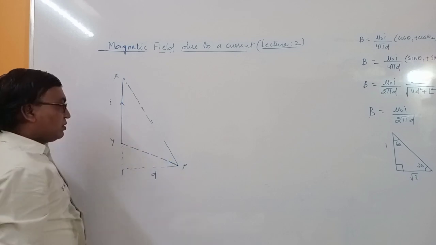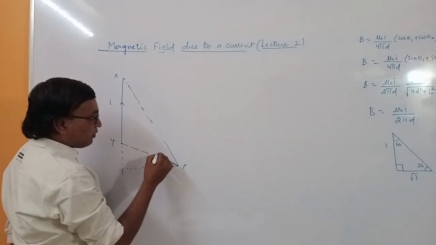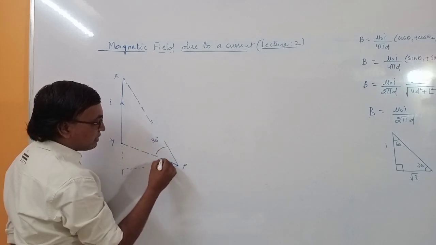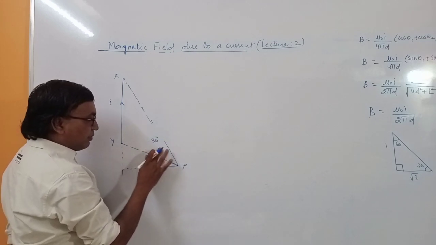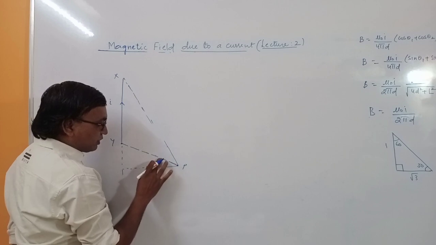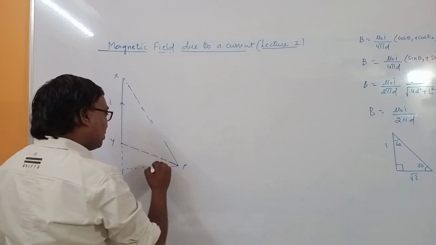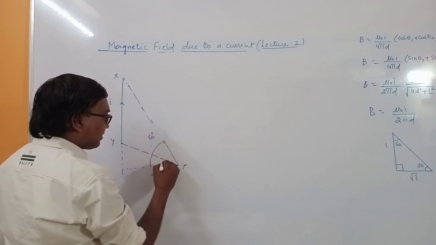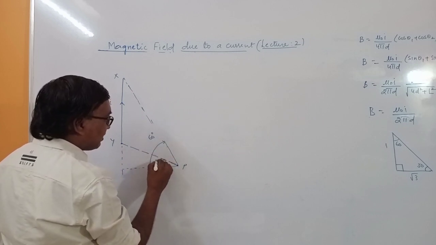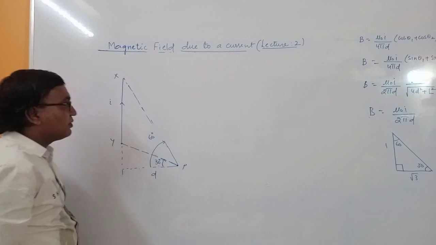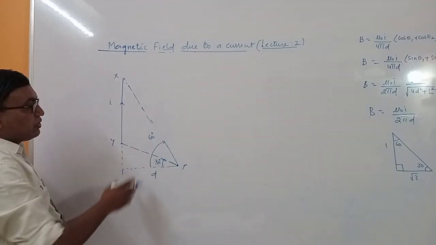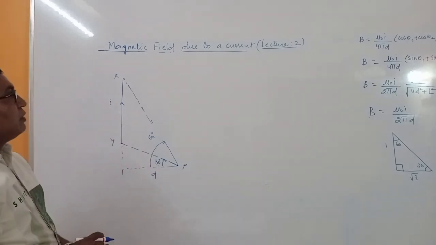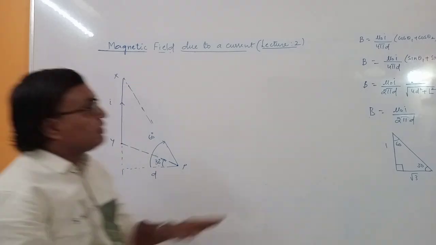Now the angles: this is 30 degrees and this is 30 degrees. First, let us simplify this a little. So this angle is 60 degrees, and this angle is 30 degrees. So find out the magnetic field at point P. Again, we can use this formula.